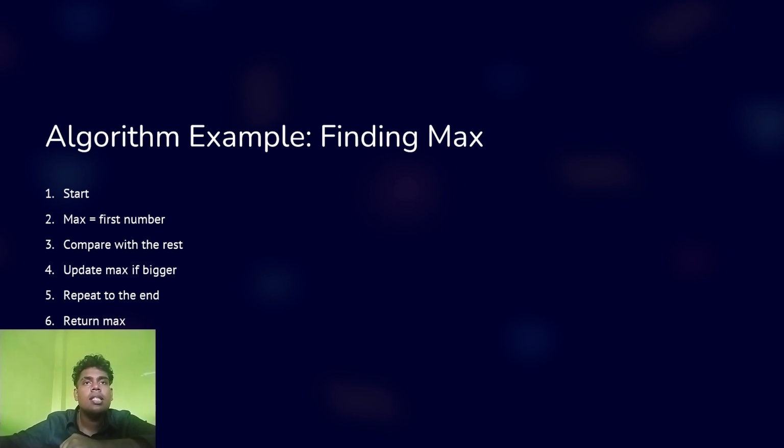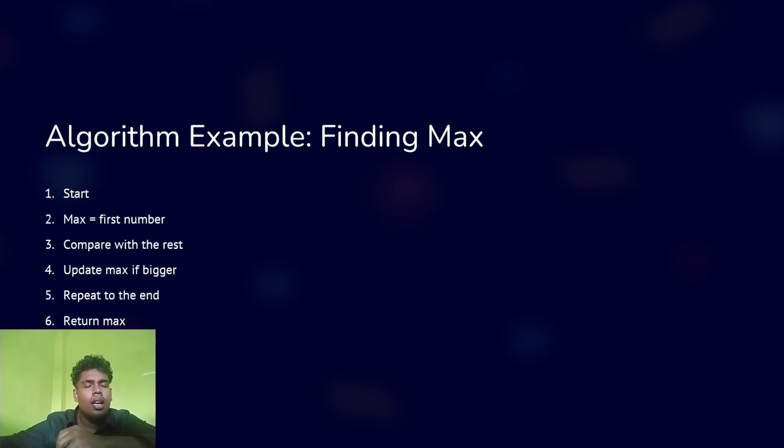We will see the steps for that problem. Start with the first number as max, and compare it with the other numbers. If a bigger number is found than the first number, we update max to it, and we repeat this until the end. After the end, we return the largest number.